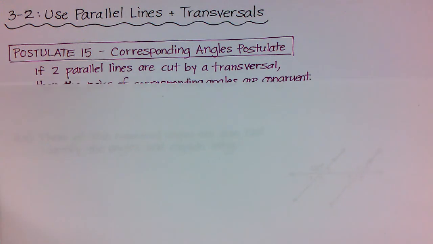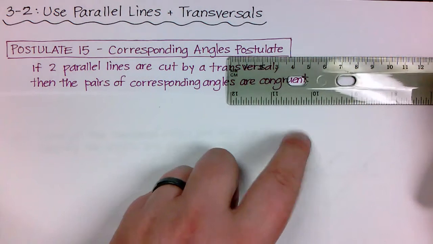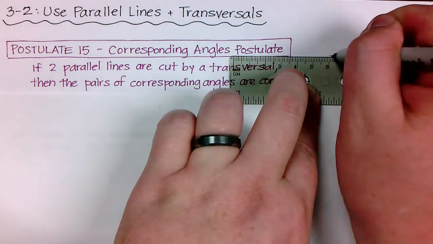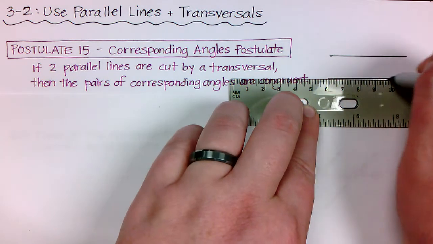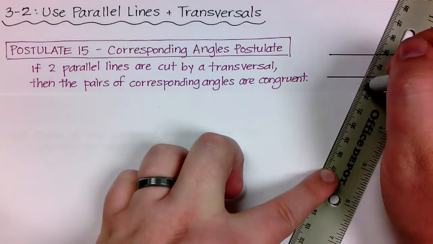What it says is, if two parallel lines are cut by a transversal, then the pairs of corresponding angles are congruent. So why don't we draw a picture to help us out with this? We're going to draw for ourselves two parallel lines and a transversal.